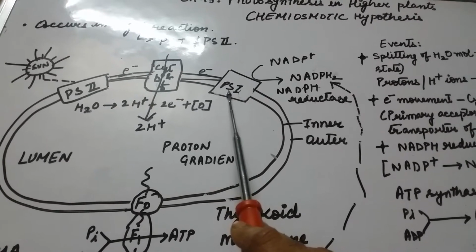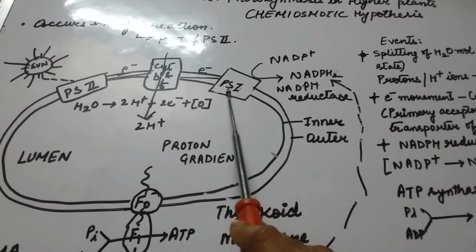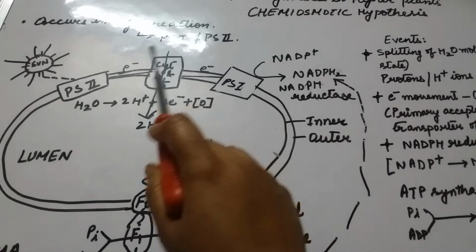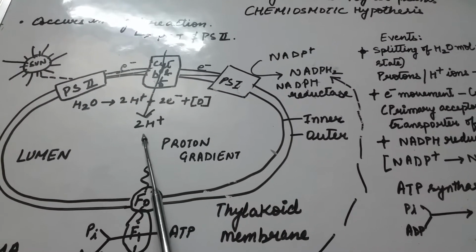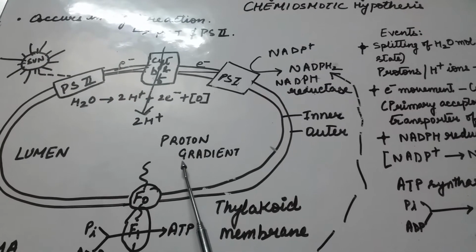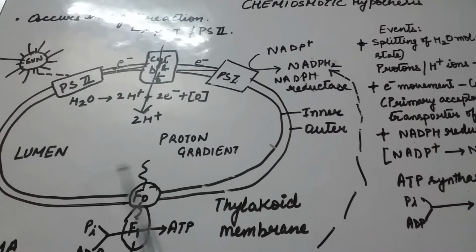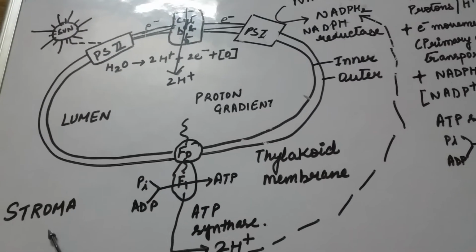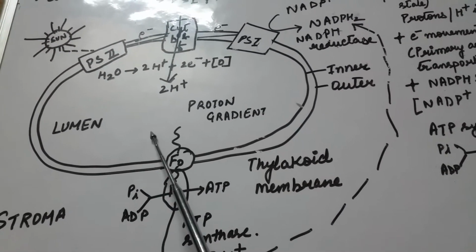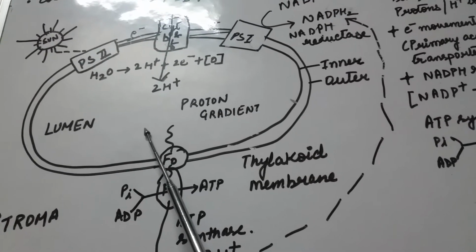Then this activation and excitation results in the entry of hydrogen ions into the lumen of the thylakoid, thereby making the proton gradient, and the concentration of hydrogen ions in the stroma is lesser than that inside the lumen.